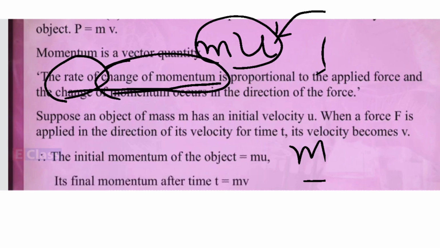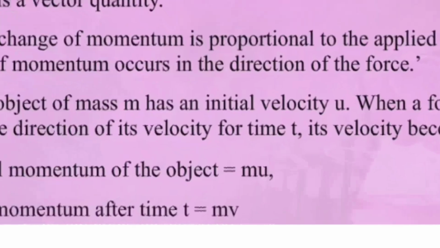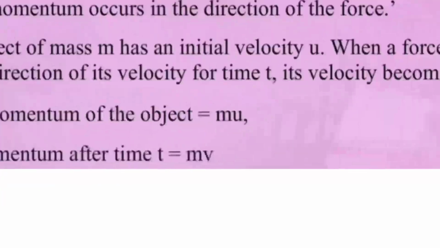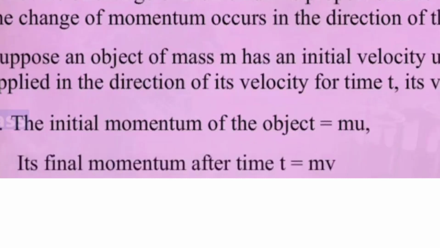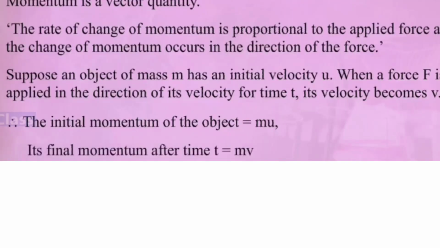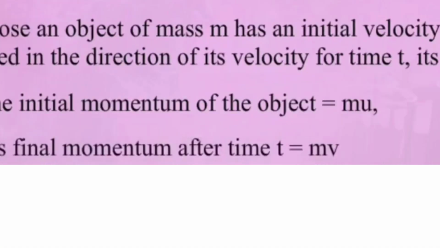So let us do this mathematically. Suppose an object of mass m has the initial velocity u. When the force F is applied in the direction of velocity for time t, its velocity becomes v. So initial momentum is mu, final momentum is mv.